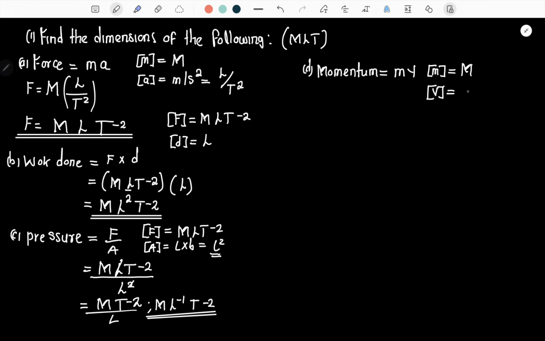Because we said velocity is meters per second, the meter is represented by L, the s, which is the second, is represented by T. So the dimensions of velocity is simply L over T. So how do you then put it in the formula? So momentum is going to be represented by, you are going to put your mass here, open bracket, then you have your L, then your T. So in MLT concept, this becomes M, L, then T to the power negative 1.